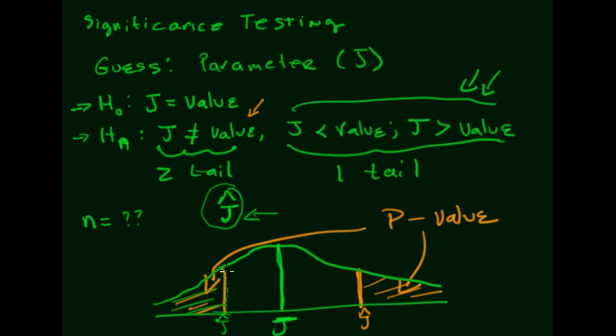Now, usually we test that against a level of significance, which we're going to call alpha. Generally speaking, alpha is 0.05, but it can be different. This gives you an idea of to what degree this finding is statistically significant.